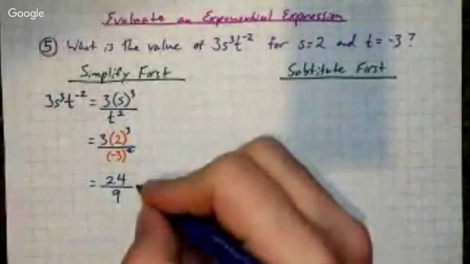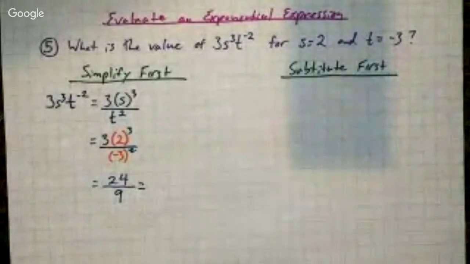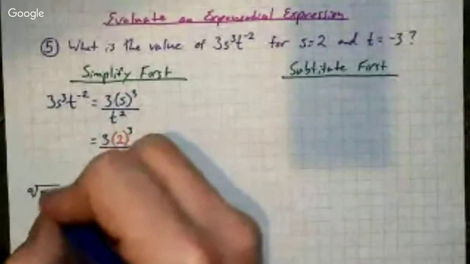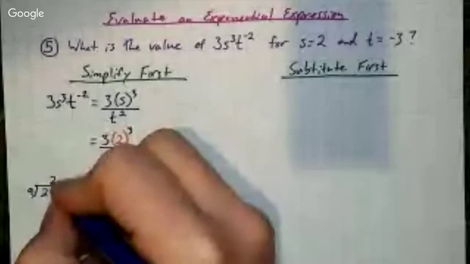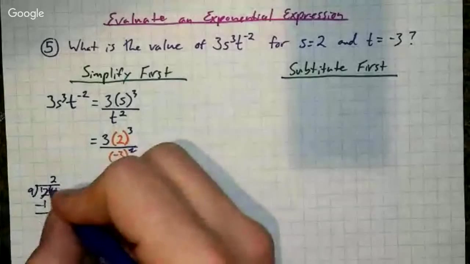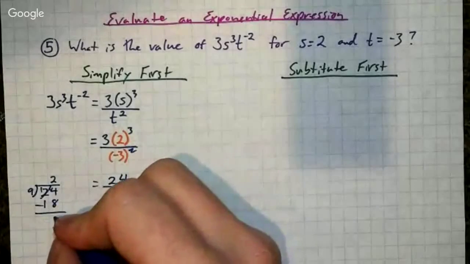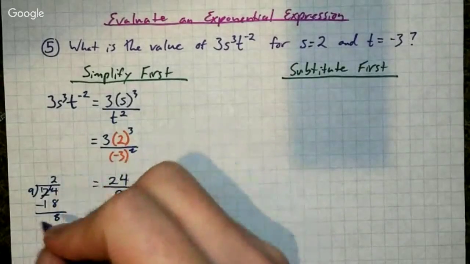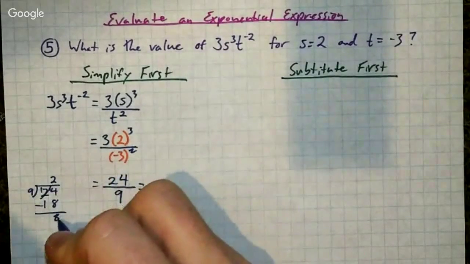24 over 9. We can simplify. 9 goes into 24. We can do it over here to make sure we're right. 2 times 9, 18. Subtract. And that gives us 8. No. Oh, I'm completely wrong.